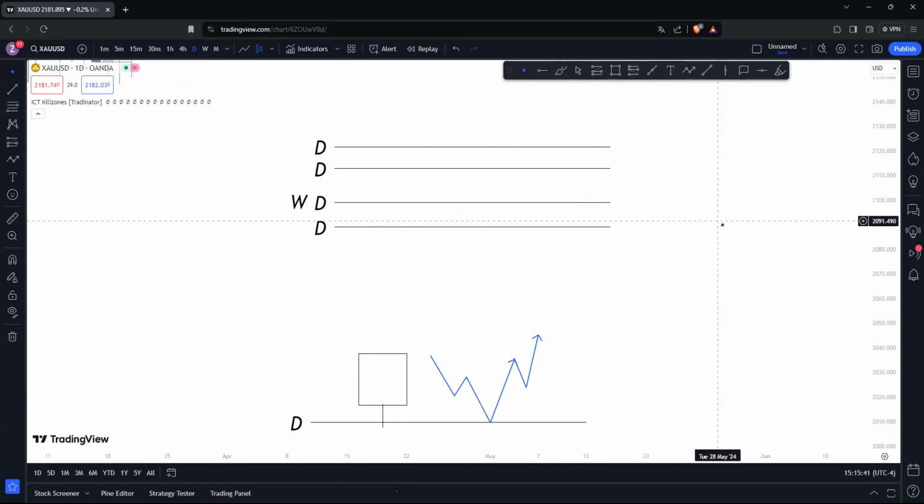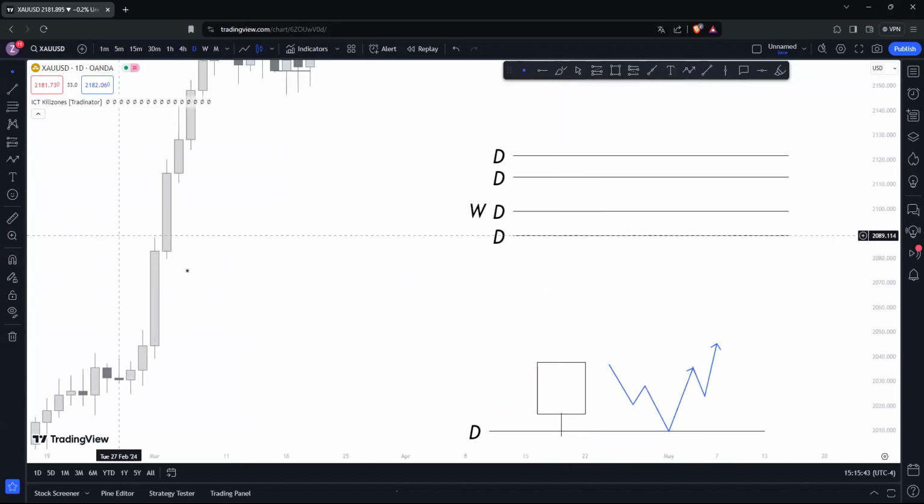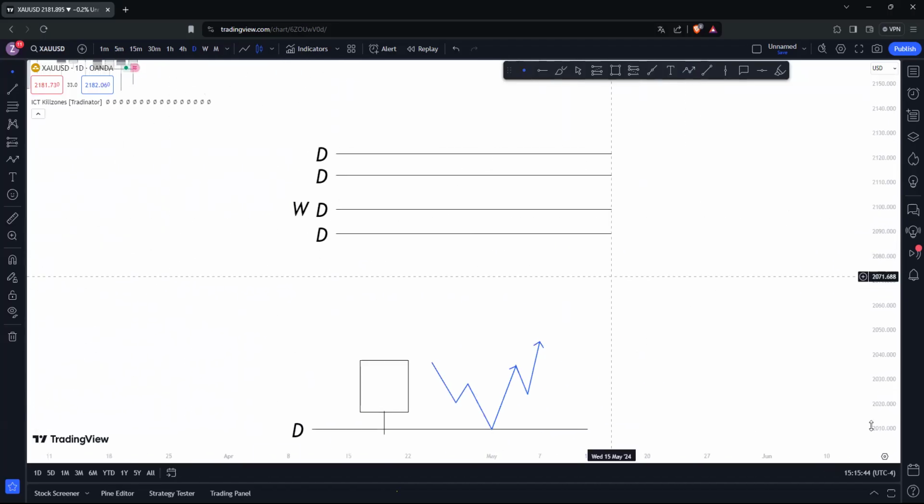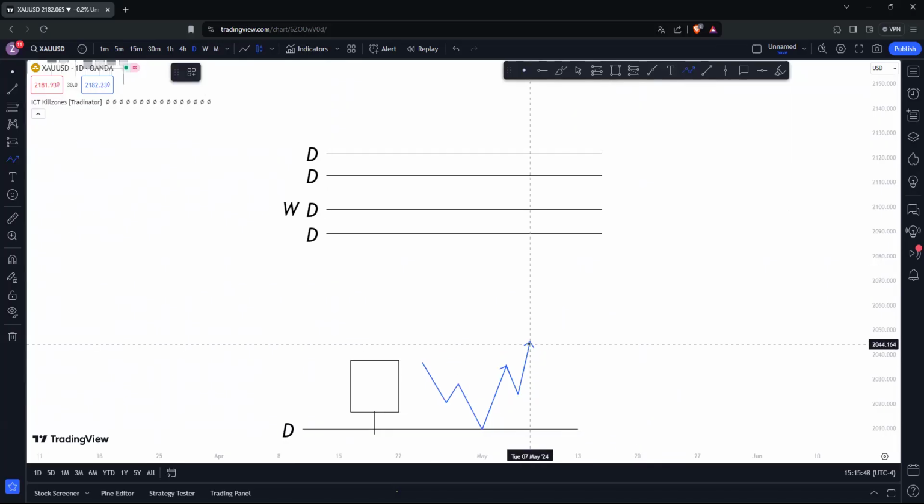No, you're going to have to wait for the other signs of the storyline, just like when it started. So here, you're going to have to wait for price to reject either this level or this level or this level or this level, and then give you the H4 breakout in order for you to say, oh, this is the level that stopped the bullish storyline.